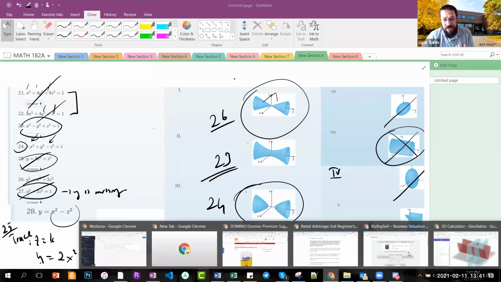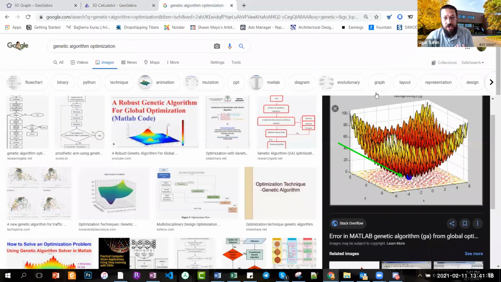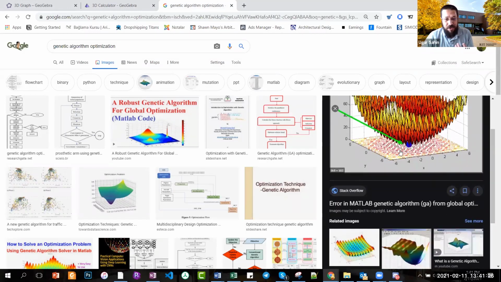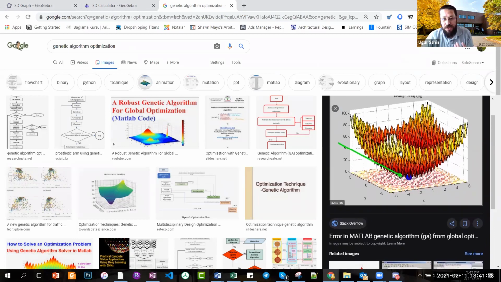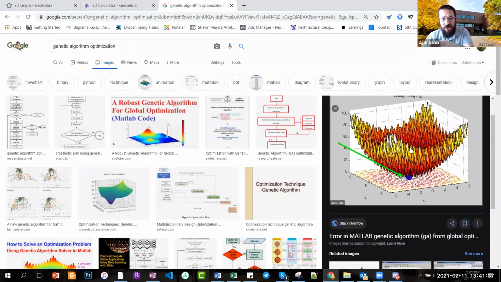Well, look at that. Like this one. In optimization problems, people use a lot of different things. Do you see? For example, this type of shapes. This is one of the optimization problems, actually. People try to find out what is the minimum point. There are a lot of valleys and hills on this shape, and we know what the function for this shape is.